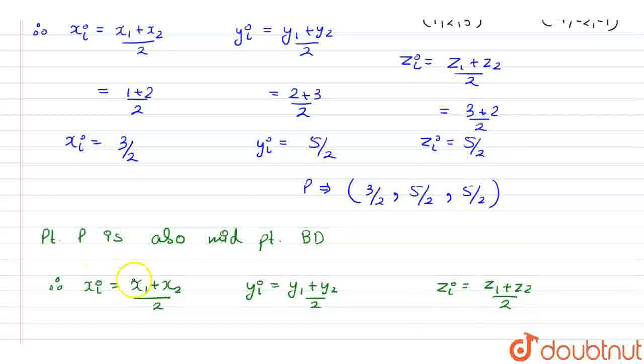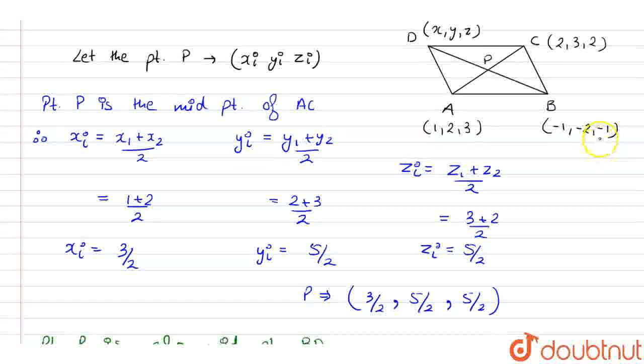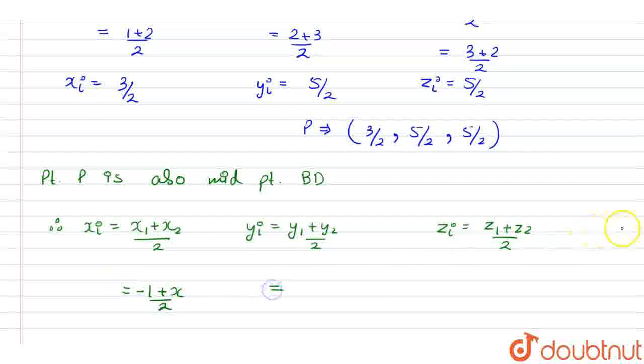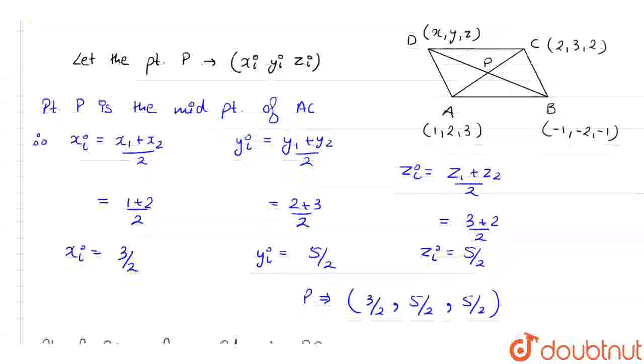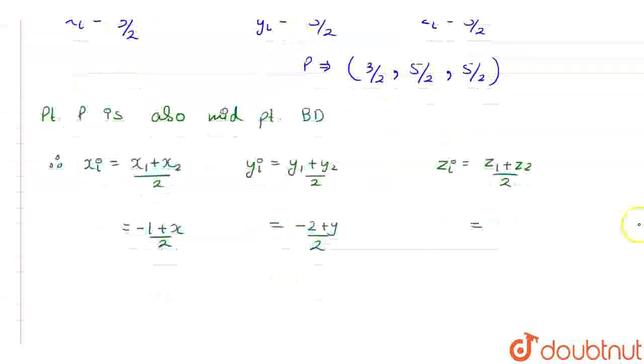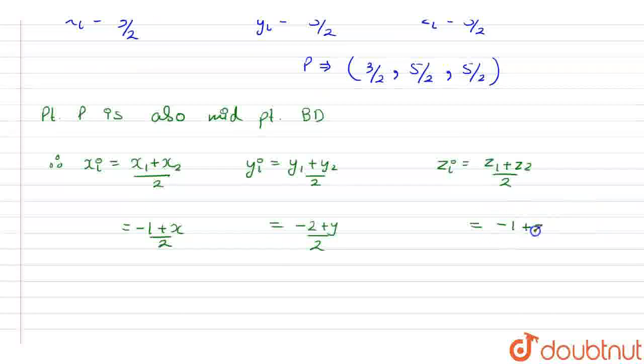Here the points are the vertices B and D. So this will be (-1 plus x) by 2, (-2 plus y) by 2, and (-1 plus z) by 2, and xi, yi, zi are 3 by 2, 5 by 2, and 5 by 2 respectively.